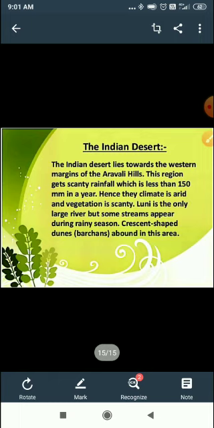These rivers appear only in the rainy season, because in summer they are not capable of holding water due to the aridity and sandy nature of the topography. The Luni is the only large river, but some streams appear during the rainy season. Crescent-shaped dunes, locally known as barchans, are found in the area.